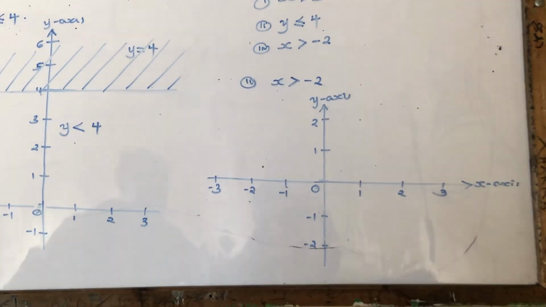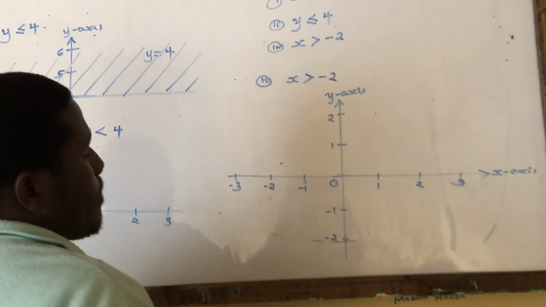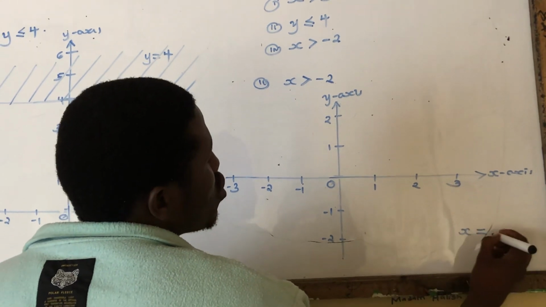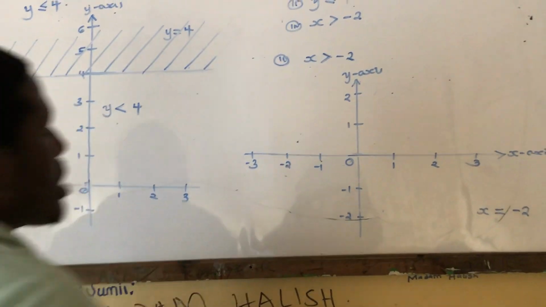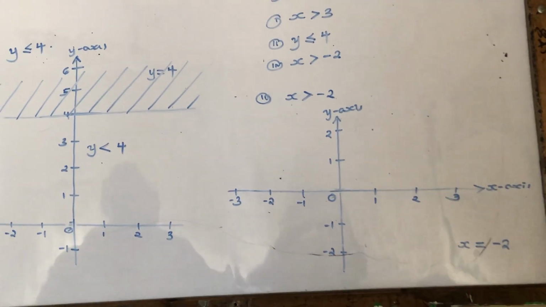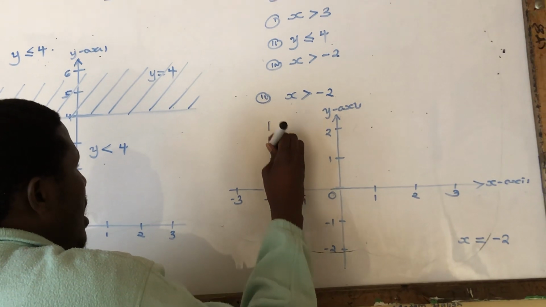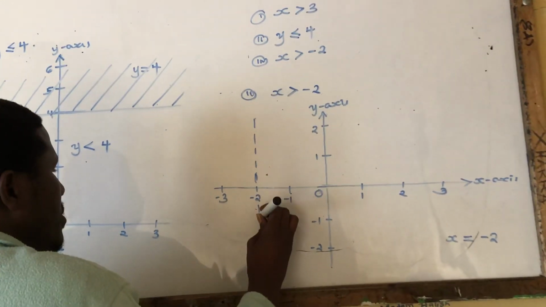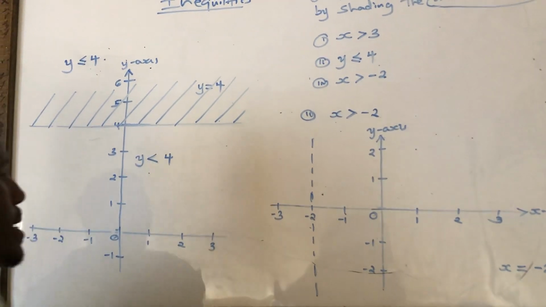But before we get there, we need to start by asking ourselves, where is the line x is equal to -2? The line x is equal to -2 is a vertical line crossing the x-axis at -2 in this manner.